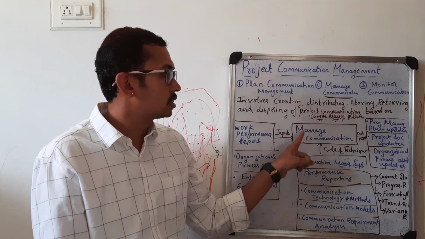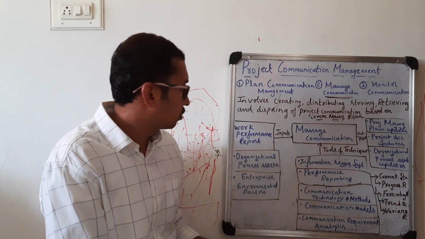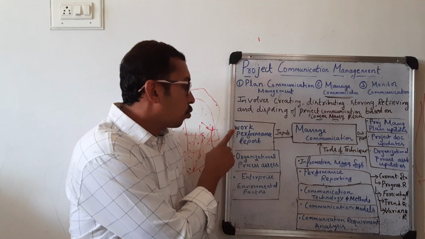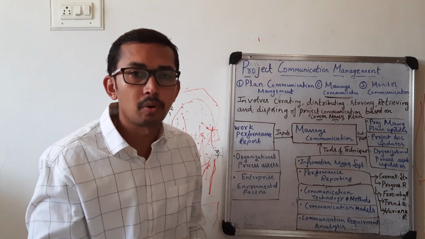This is manage communication. What are the inputs we give to manage communication? The first one is the work performance report. What is the meaning of work performance report?